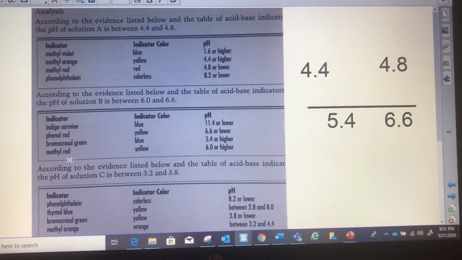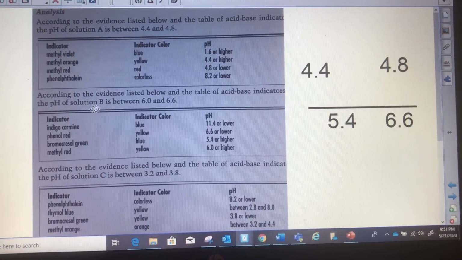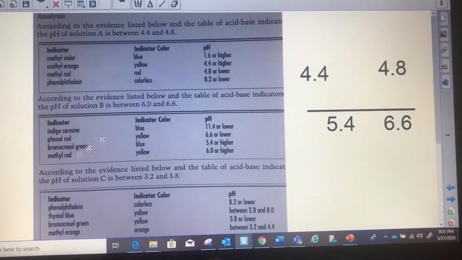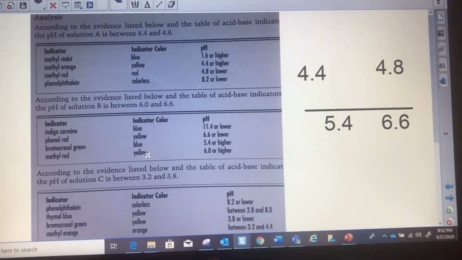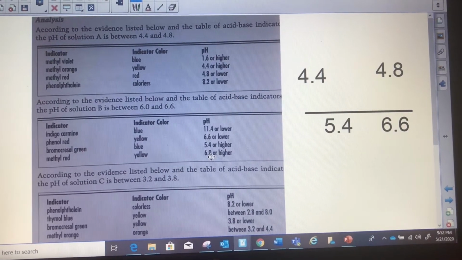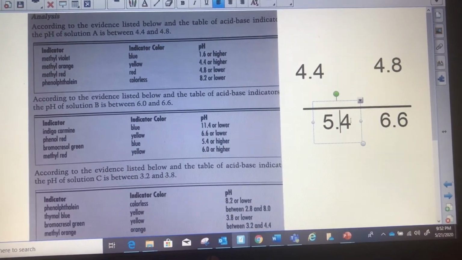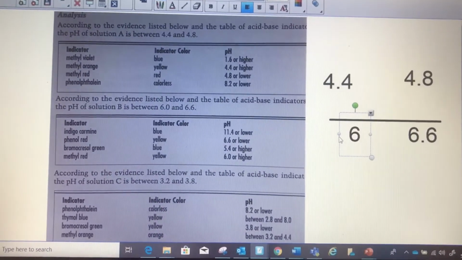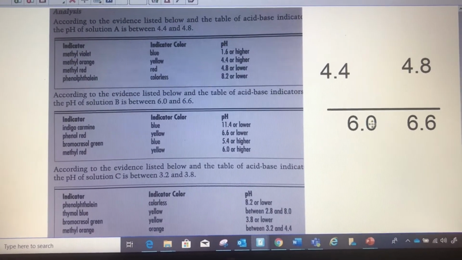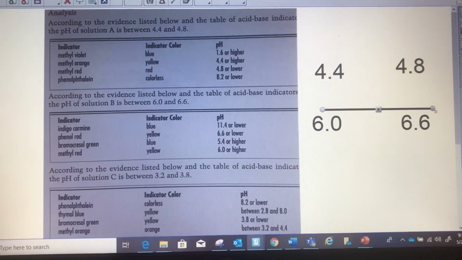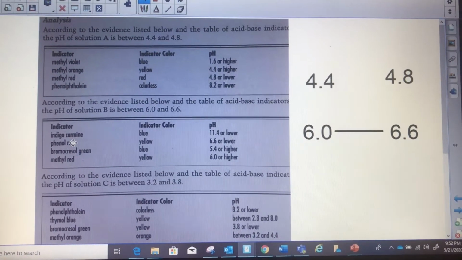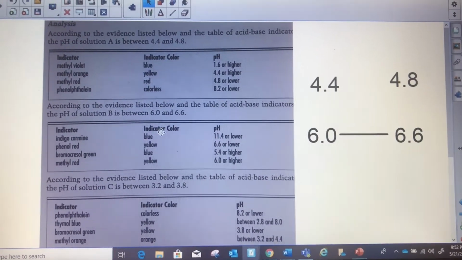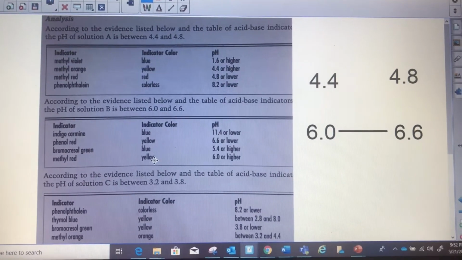And then lastly, methyl red will, when added to the solution B, turn yellow. And according to our list of indicators, that only happens if the pH is 6 or higher. So again, it can't be 5.4 as the lowest. It has to be 6 as the lowest. So what you're doing is you're taking the same solution, but you're mixing it with different indicators each time and seeing what effect it has on the color.